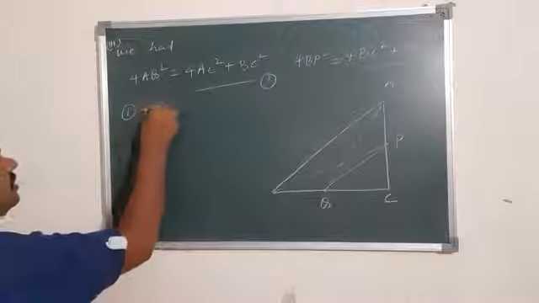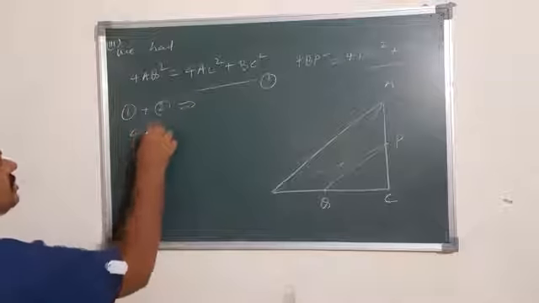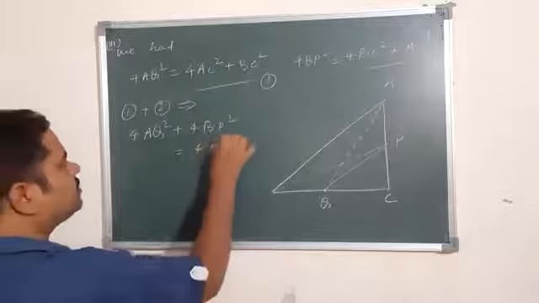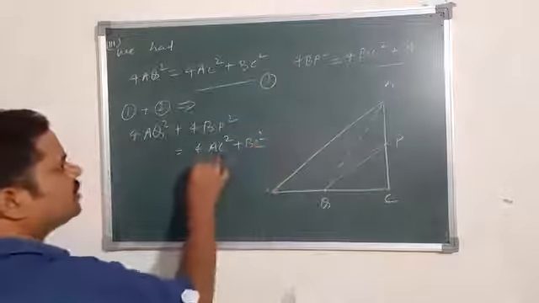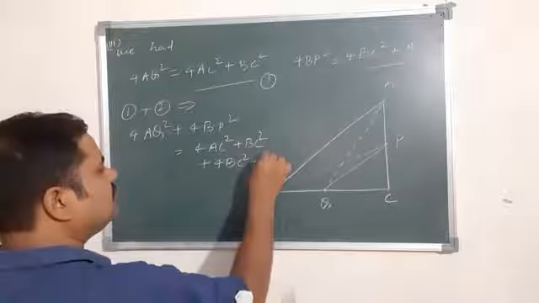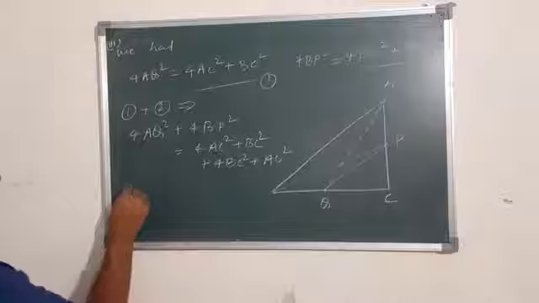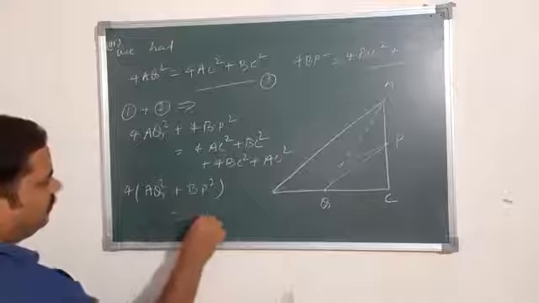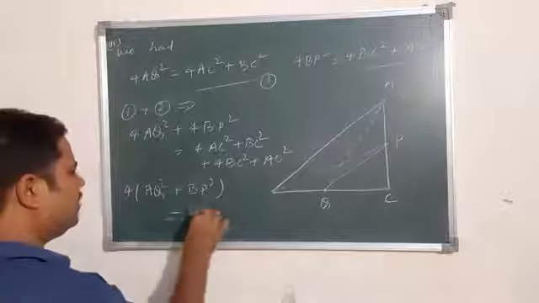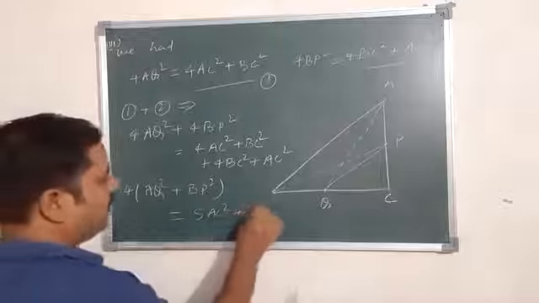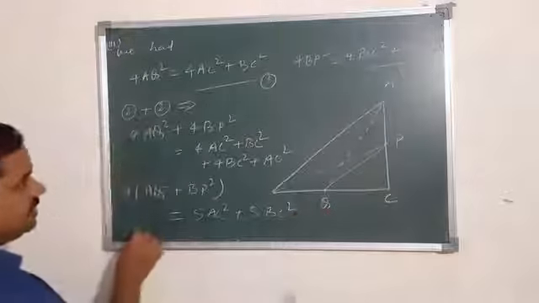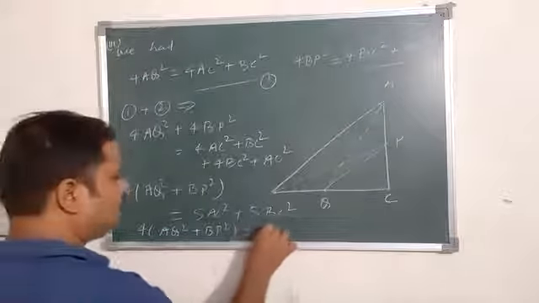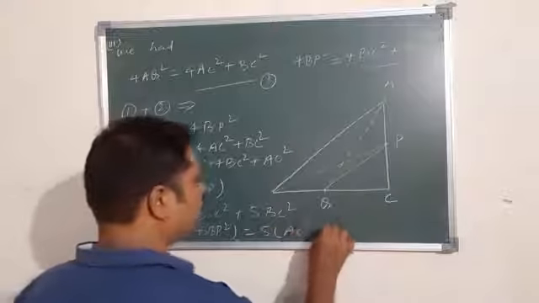For solving result number 3, we add both of the results. We get 4 times AQ square plus 4 times BP square equals 4 times AC square plus BC square plus 4 times BC square plus AC square. This is nothing but 4 times AQ square plus BP square equals 5 AC square plus 5 BC square, so 5 times AC square plus BC square.